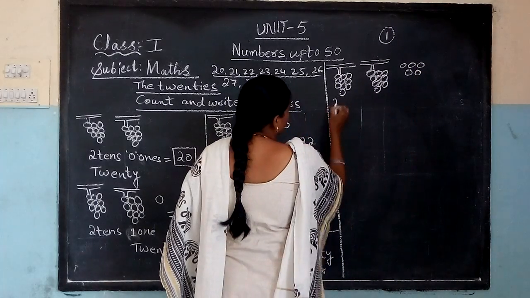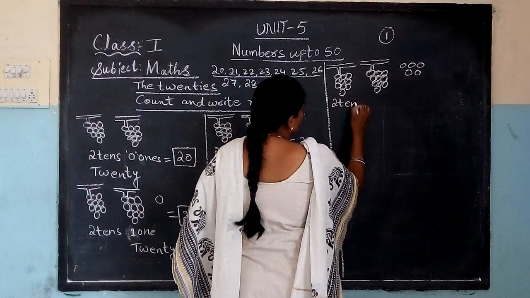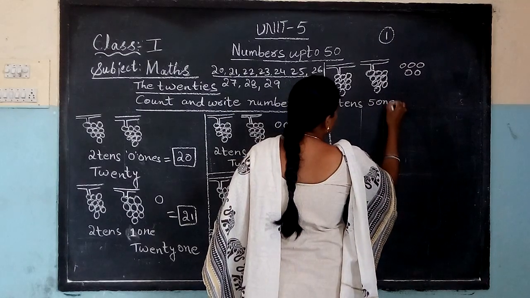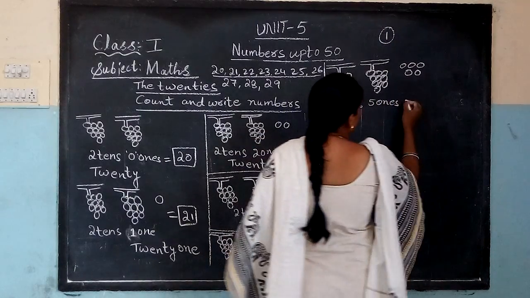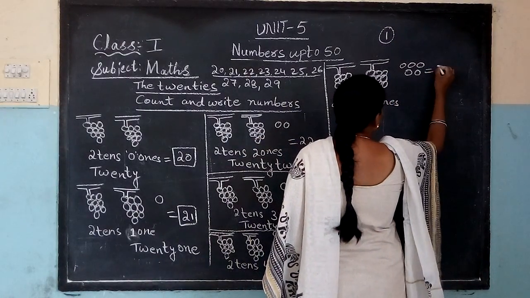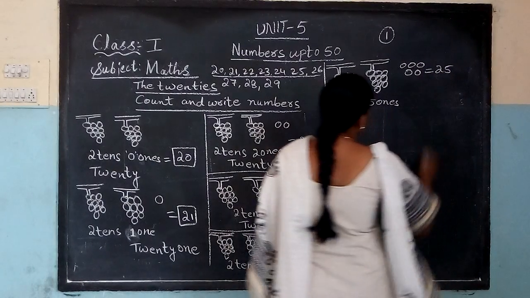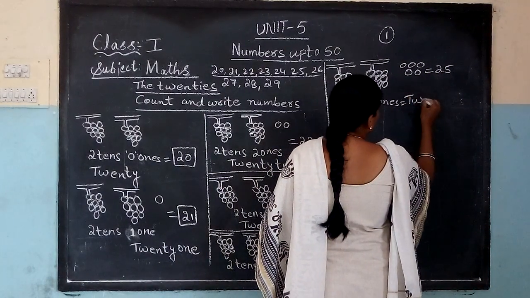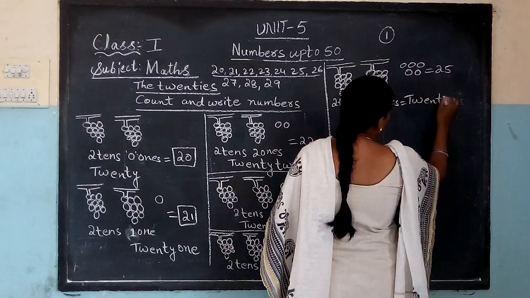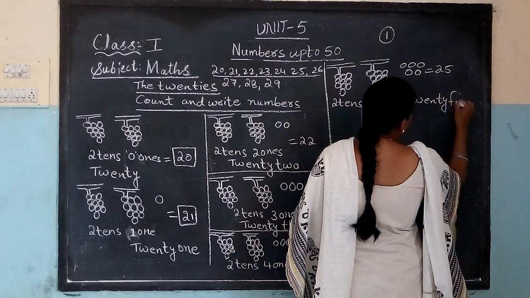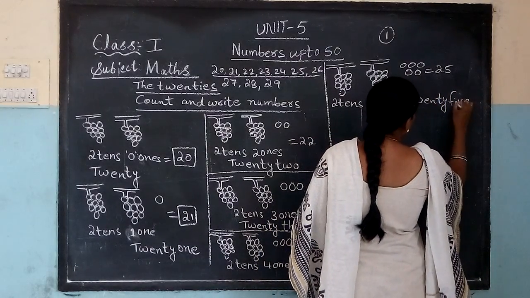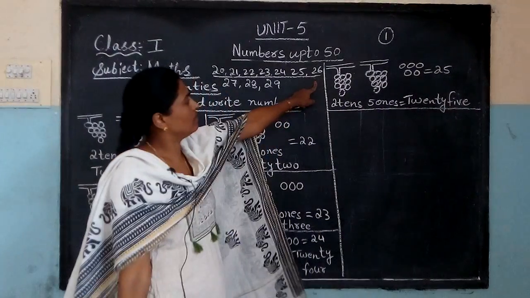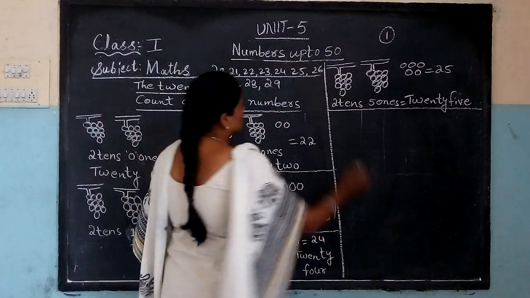What did it become? 2 tens, 5 ones is equal to 25. Spelling of 25. TWENTY, 20. FIVE, 25.